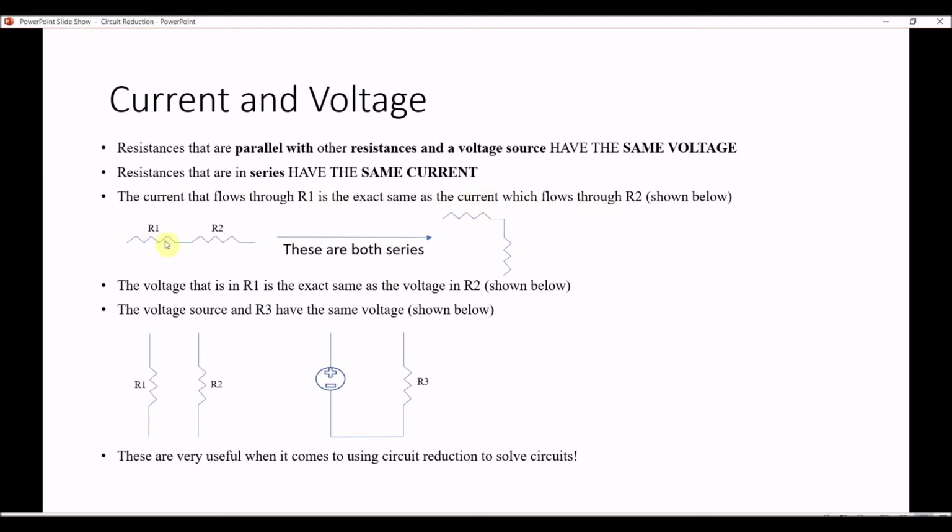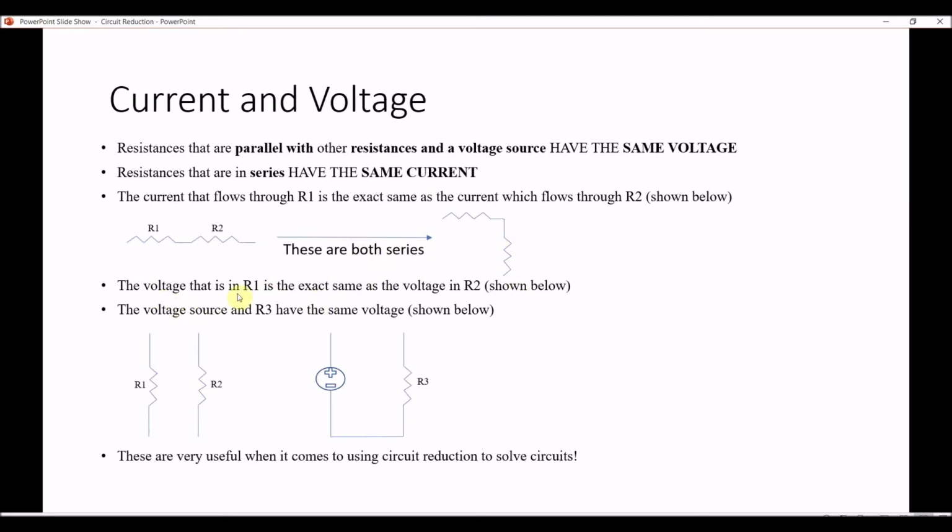So if there was a current entering here, the current that goes through here is the exact same as the current that goes through here in a straight line. And they are both series. So the current that goes through here, it's just the path is still linear. It's one path. So they're both series.